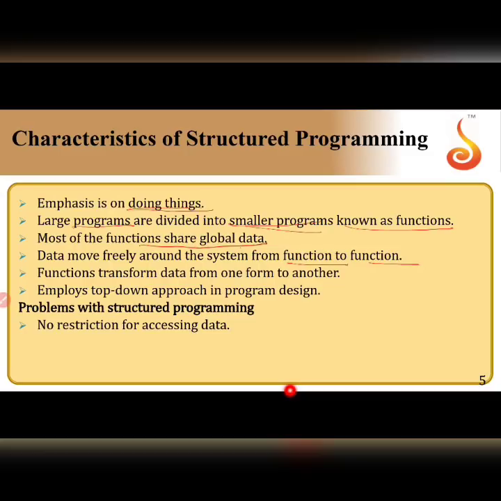So that restriction is not there. The data can be transformed from one form to another. That is, you cannot restrict the access of data. You cannot say that only B, C, D can access it and A cannot. That rule you cannot put. Either nobody accesses it, or it is shared among everyone.